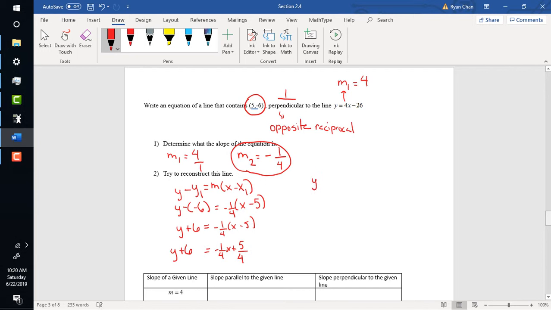I'm going to continue on. I'm going to subtract 6 on both sides. And remember, in order to combine them, I'm going to multiply top and bottom by 4/4.